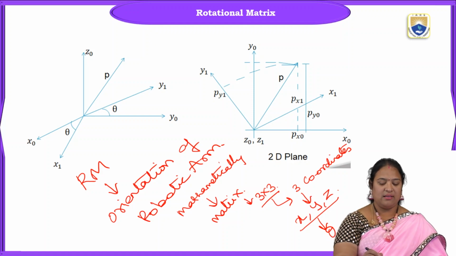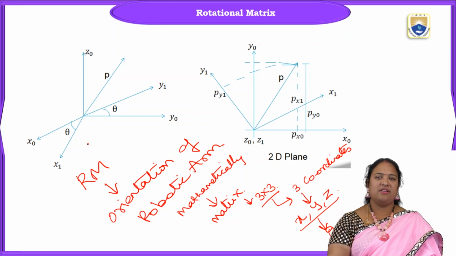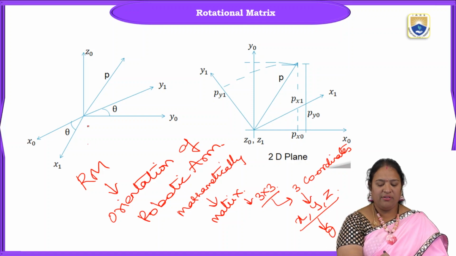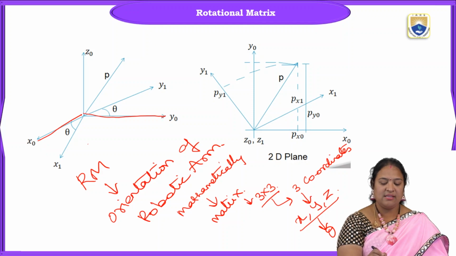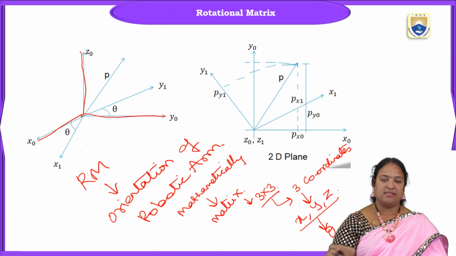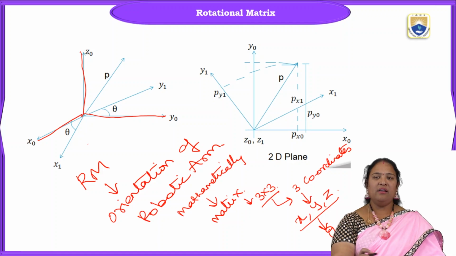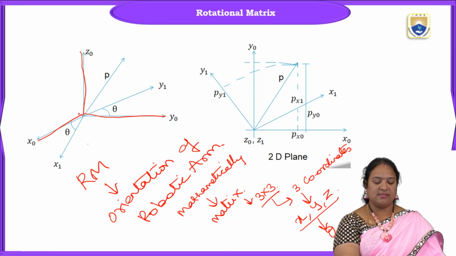Now let us see this figure. What do we understand by this figure? Here we can see an x-axis, a y-axis, and a z-axis. We are considering 3 axes.